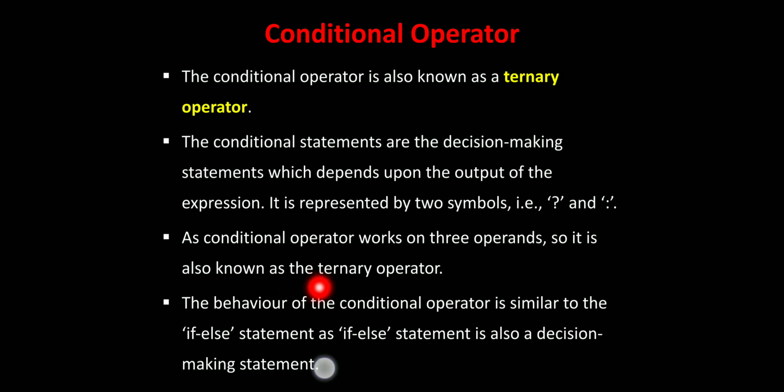The behavior of the conditional operator is similar to the if-else statement, as the if-else statement is also a decision making statement. If the condition is true, the if block will be executed. If the condition is false, then the else block will be executed. It is used to make decisions.